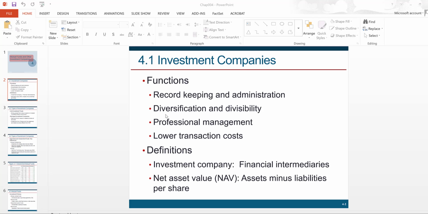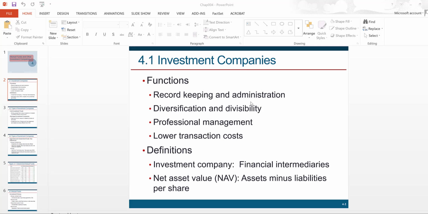That's a portfolio of 500 stocks, and creating such a portfolio on your own can be quite cumbersome, but you can easily get that same exposure to 500 stocks in the S&P index simply by investing in an S&P 500 index mutual fund, which can actually be invested into at a very low cost, right? So diversification at low cost, that is the biggest advantage of investing through these investment companies.